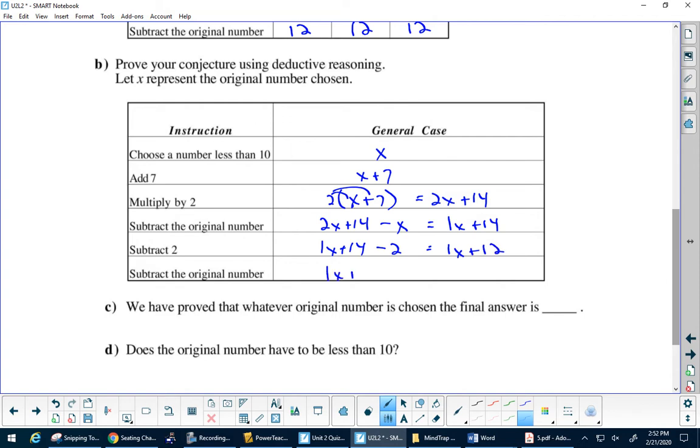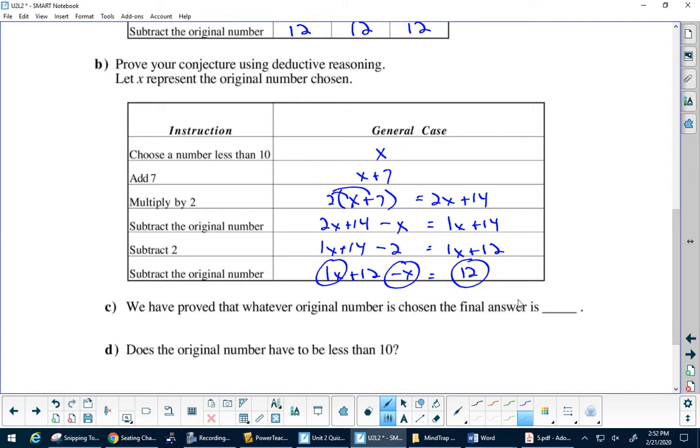At the next one, 1x plus 12, subtract the original number, minus x. What do you get? What's x minus x? It goes away, leaving you with 12. So I've proved it using deductive reasoning because x can be any number in the world.